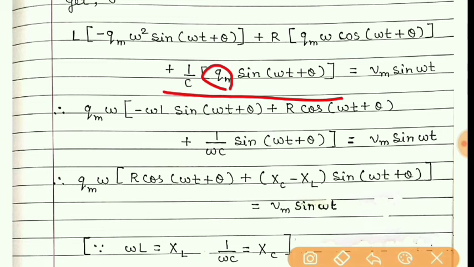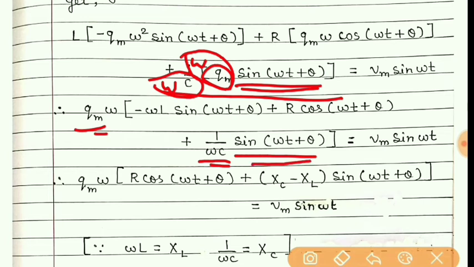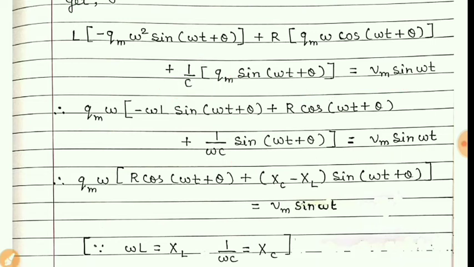Because here there was no omega, we have multiplied and divided by omega. So when this q and omega was taken out, what remains? 1 upon omega C remains, which is here, and then sin omega t plus theta. Right hand side is as it is. So simple mathematical steps are there.